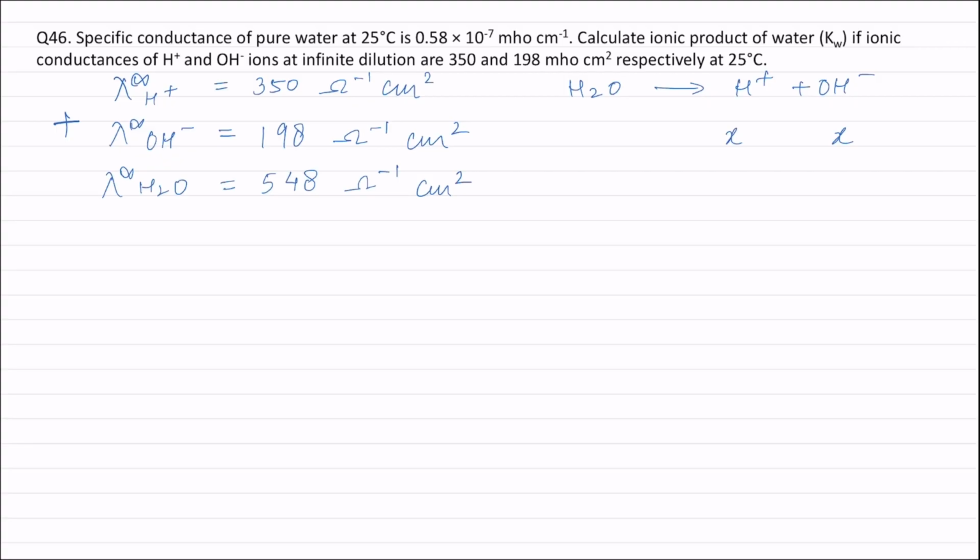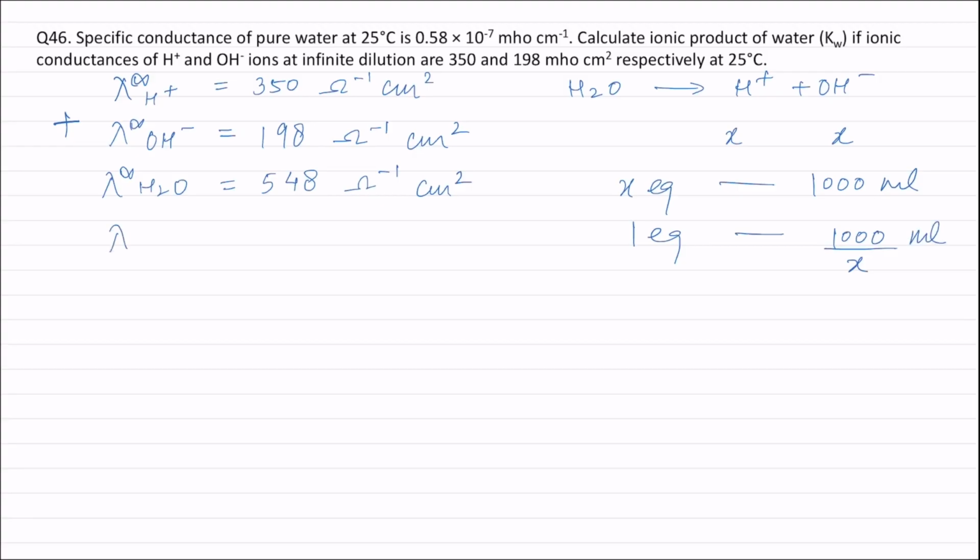Therefore, it can also be said that the concentration of H plus ions is x equivalents per liter and concentration of OH minus ions is x equivalents per liter. Therefore, x equivalents are present in 1000 milliliter and one equivalent will be present in 1000 by x milliliter.